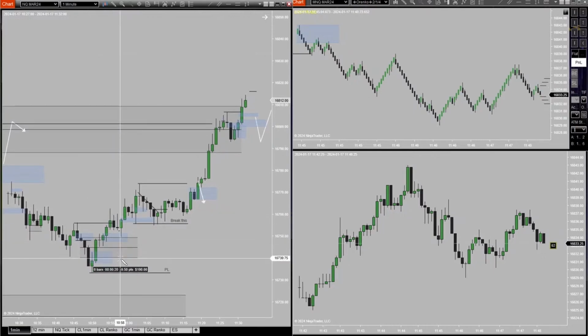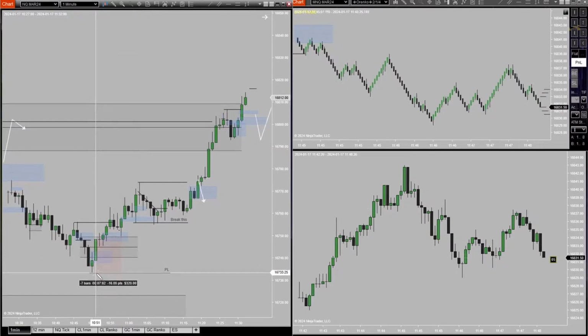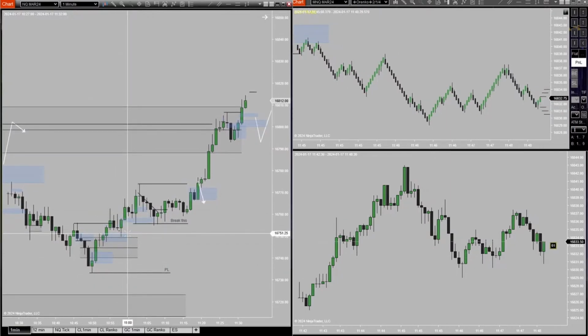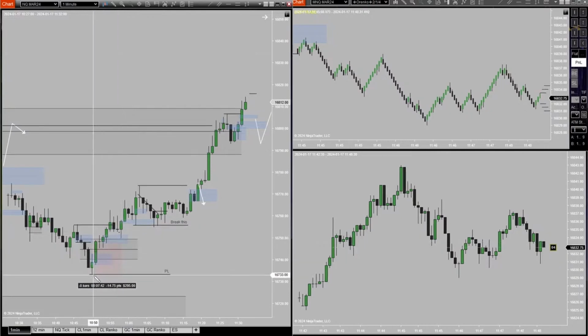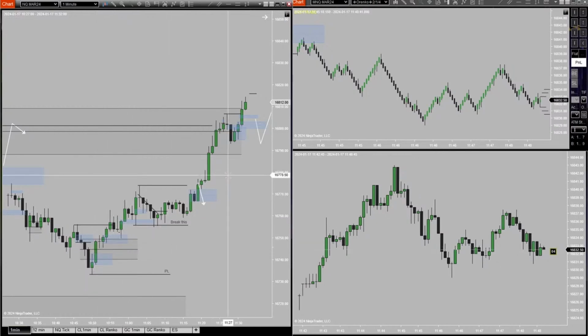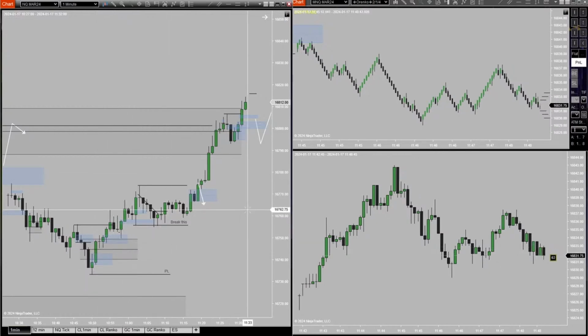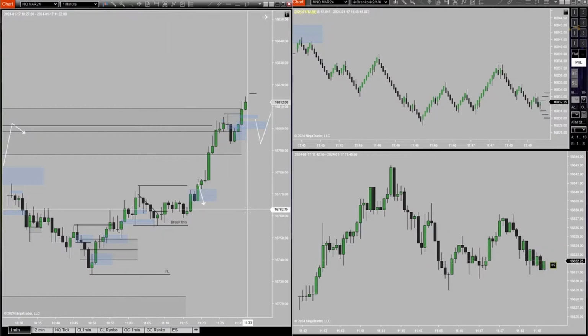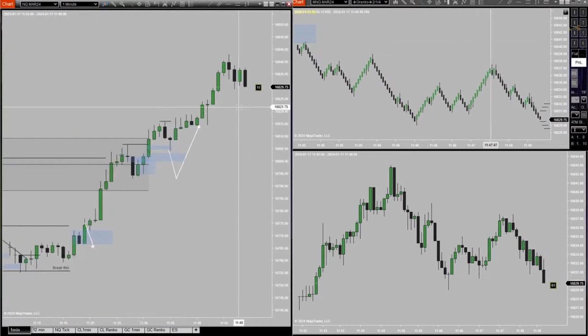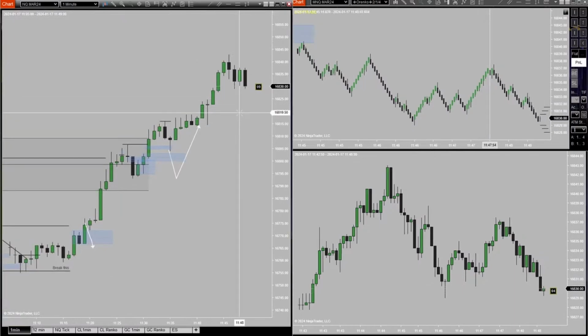So let's say your SL is down here, 16 points there to go for 13, that's a negative RR. That doesn't work. Whereas if your entry is at the bottom of the SNDR, 14-point SL and 15-point gain, so that's a 1-to-1, so that works, right? So you want to make sure your target to SL is always at least 1-to-1. You don't want a negative risk-reward ratio with your trades. Like, you just don't.